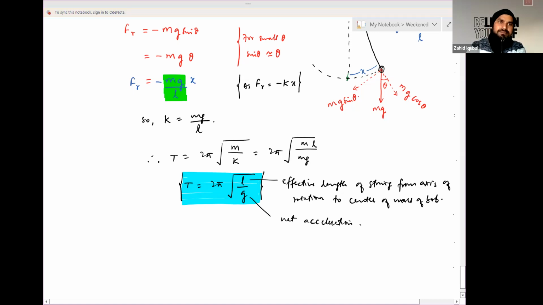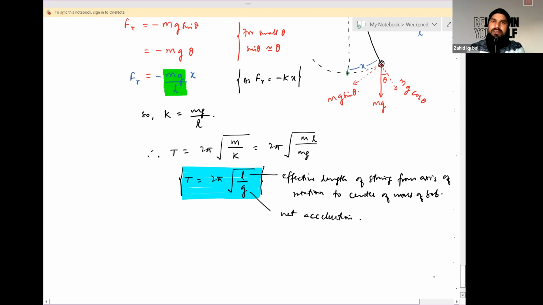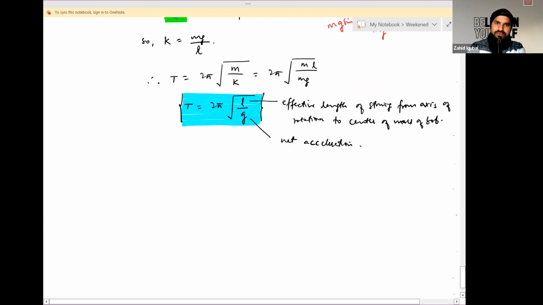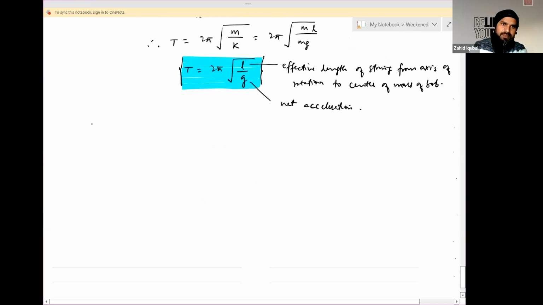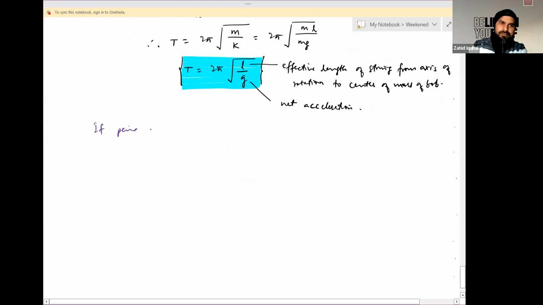So you'll be asked, what will happen if you place this simple pendulum in a moving lift? Let me define it first. If the pendulum is placed in a moving lift, a lift may move in three different ways.